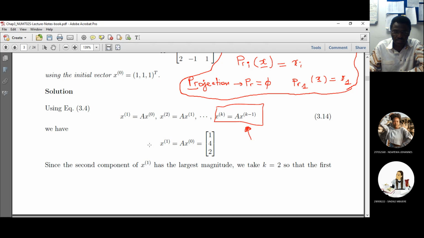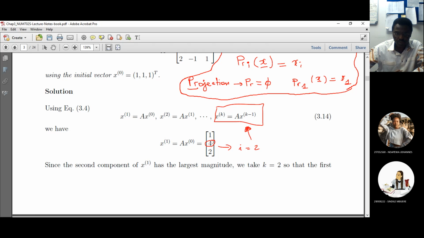So I was saying that here, i is equal to 2, because this is the entry with the largest magnitude. Once I obtain that, I project along the second component, meaning that I will take the ratio of that projection, x1 by x0.